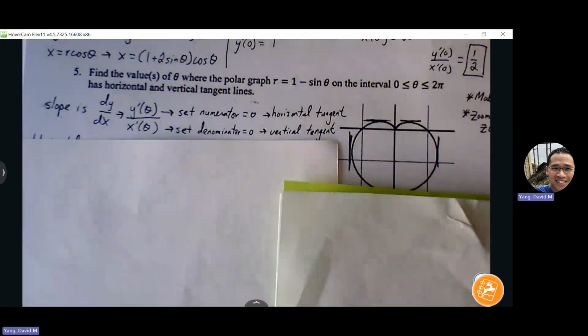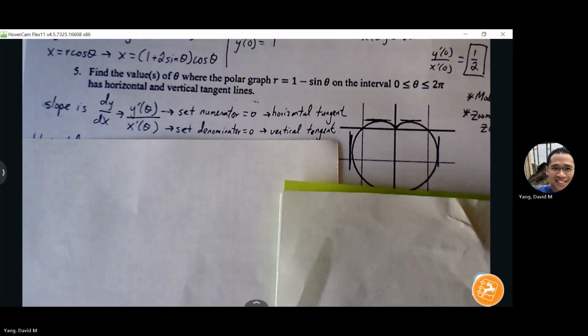If I set y prime equal to 0, that's where slope is 0. If I set the denominator equal to 0, so wherever x prime is equal to 0, that's going to give me the location of vertical tangent. Okay, we'll work it out step by step once you guys have this copied down.